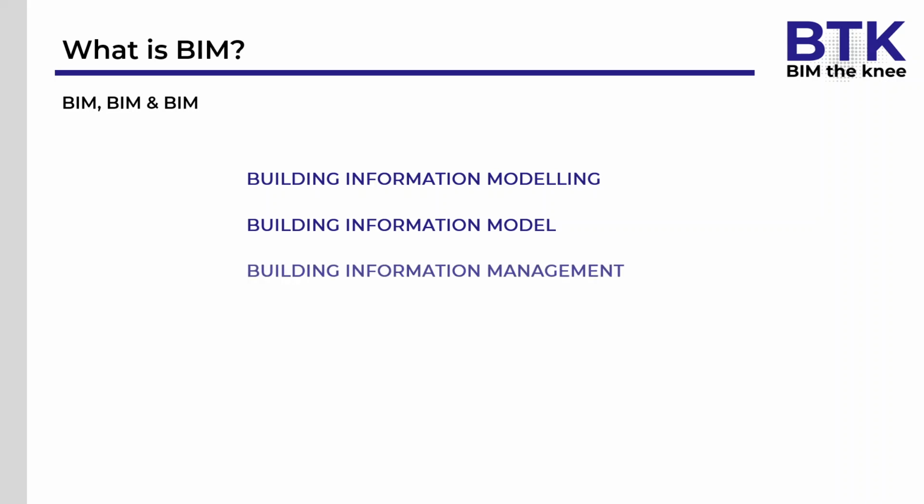And also building information management, the control and management aspects of the process to ensure production of information. But remember, the key of BIM is just the I of information.